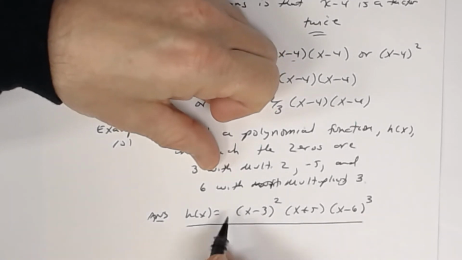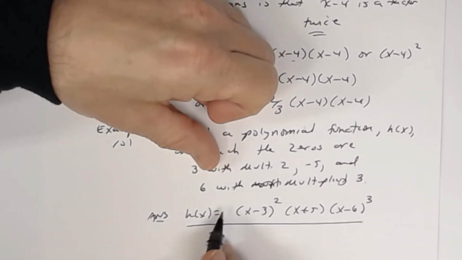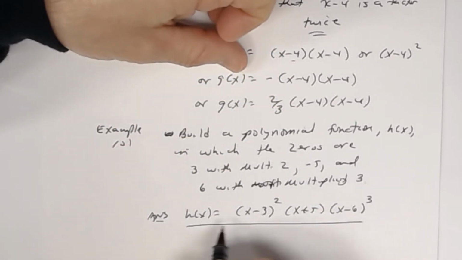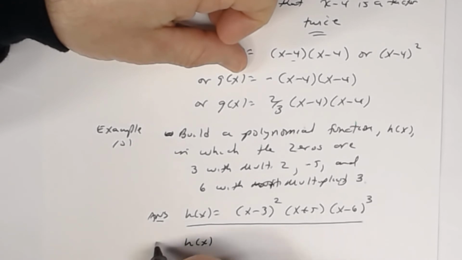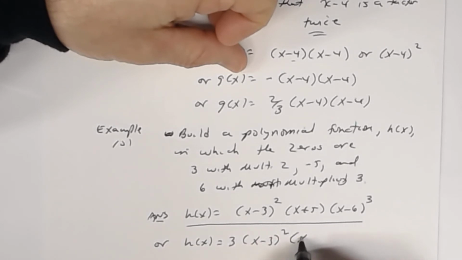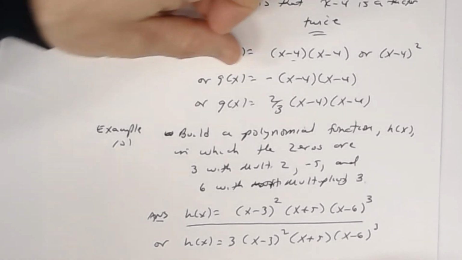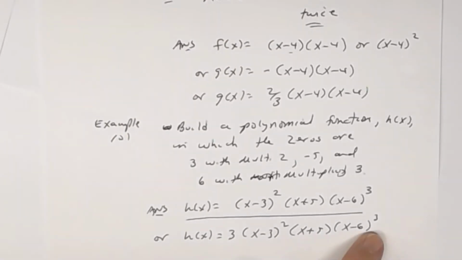Now remember, there's an infinite number of ways of writing the answer, because any polynomial that has these factors and these multiplicities will have the same zeros. It does not matter, though, what the coefficient is. So if you want to say equals 3 times x minus 3 squared times x plus 5 times x minus 6 cubed, does not matter. And by the way, you could have put x plus 5 last, you could have put x plus 5 in front, does not matter.